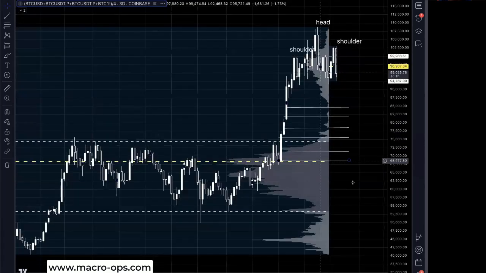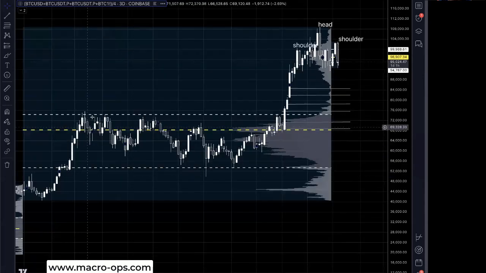The absolute highest volume level, called the point of control, where the most volume was traded, is the $68,000 level. That was where the high happened in March, and it kept coming back up there. And that's exactly where it blew off from. The day of the US presidential election was at the $68,000 level. So a very key level to note for 2024 is that, along with the top and the bottom of the range.